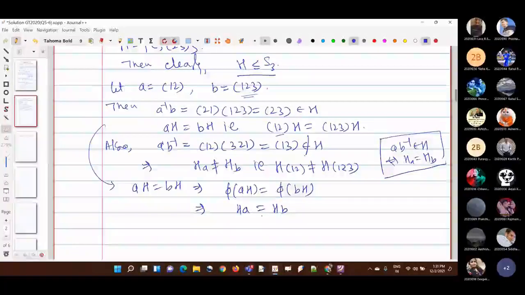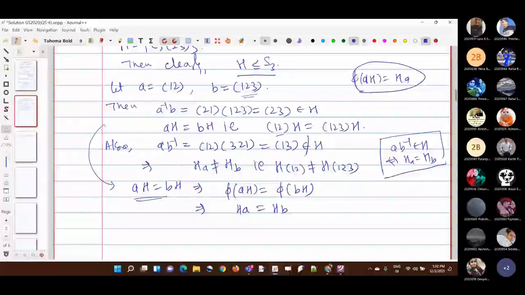HA equals HB. When they are equal, left cosets are equal. So by the new definition of phi, which maps phi(AH) to HA, we are using this definition. So AH equals BH gives HA equals HB.